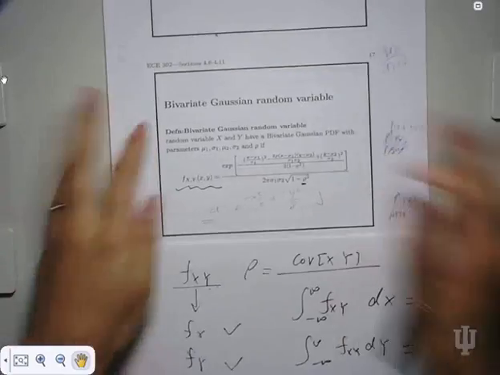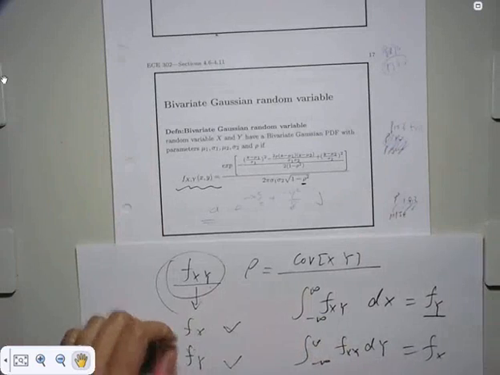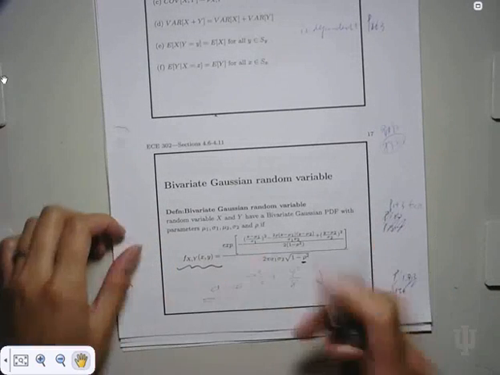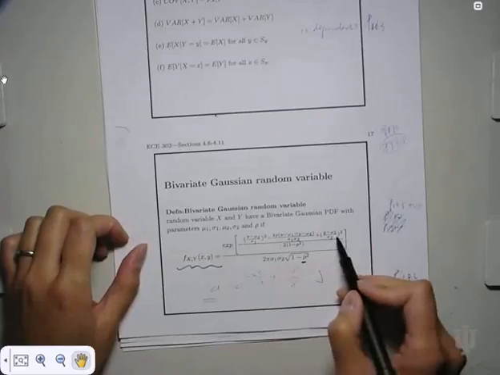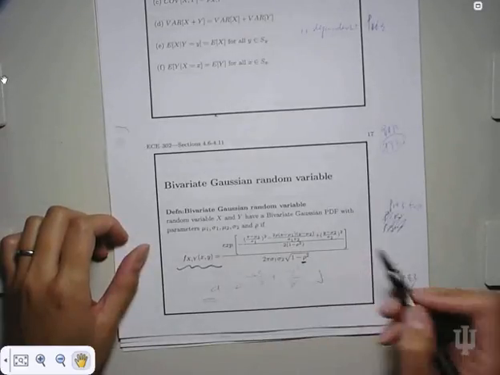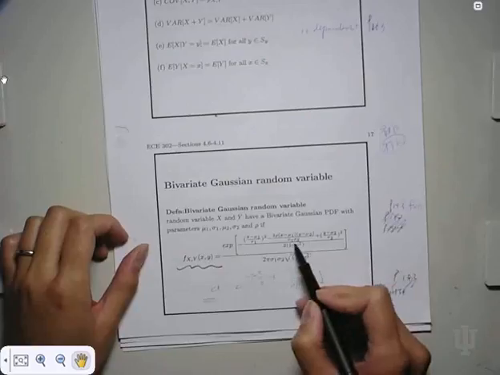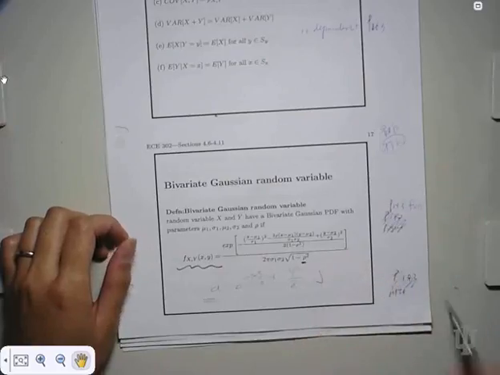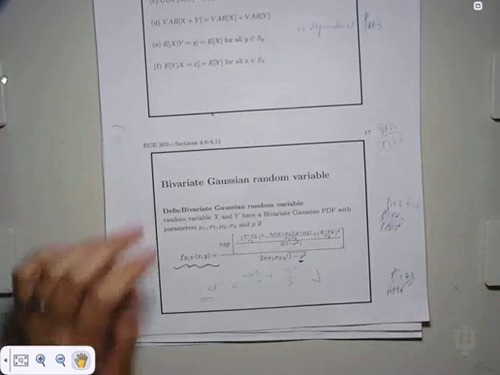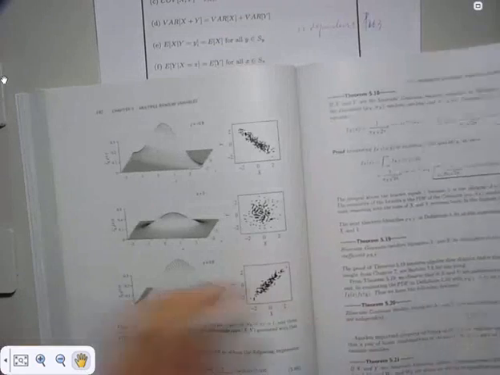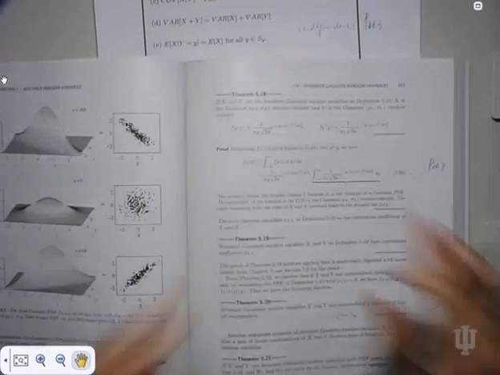So the joint is in this form, and mu1, mu2 are the expected values of x and y, and sigma 1, sigma 2 are the standard deviations of x and y. You can prove this, but I'll just try to convince you.